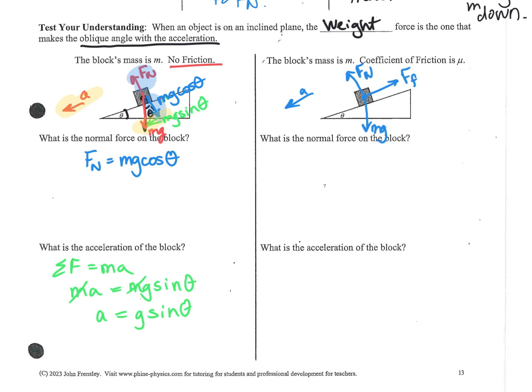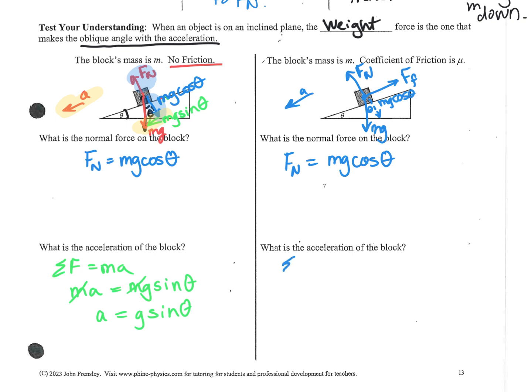It's perpendicular to the normal force. So the normal force is still going to be that mg cosine theta component. Here's theta, this is mg cosine theta, okay? But the acceleration of the block is going to decrease.